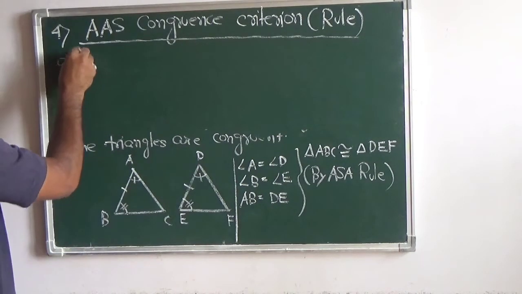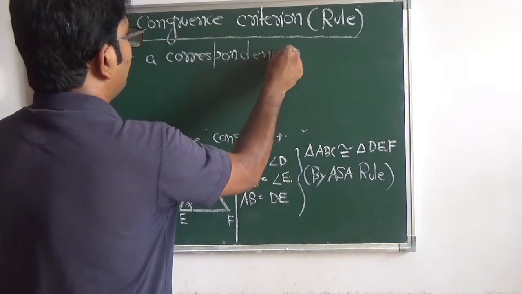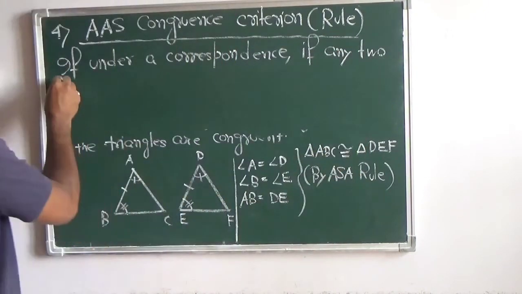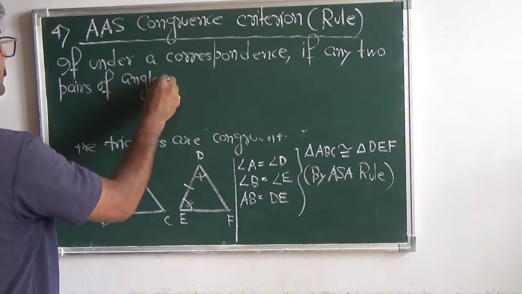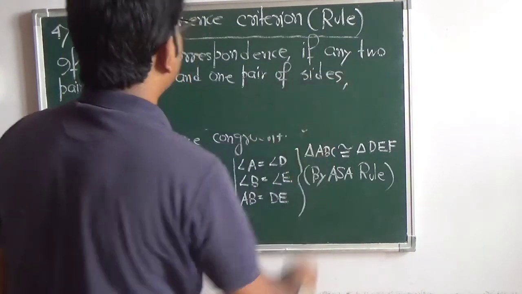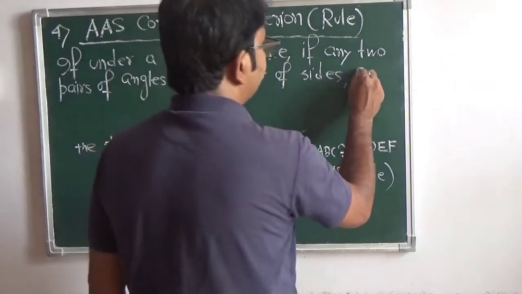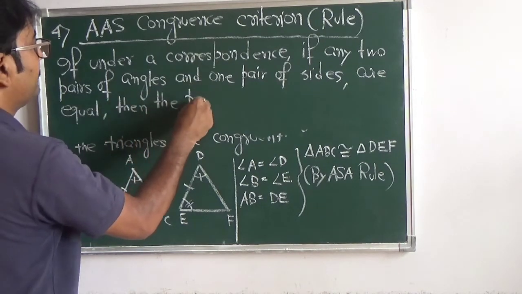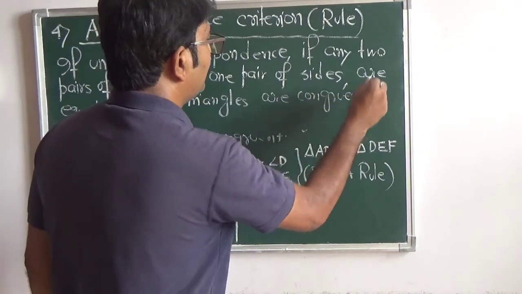If under a correspondence, if any two pairs of angles and one pair of sides are equal, then the triangles are congruent.